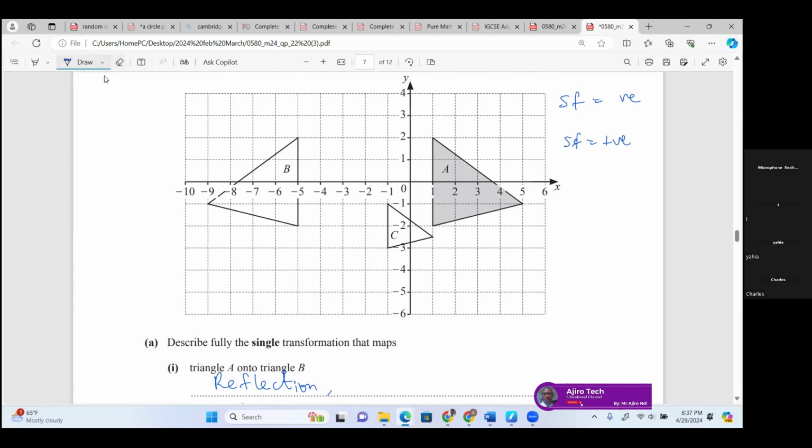How do you find the center of enlargement? Connect corresponding points. These points are corresponding, let me join them together. These two are corresponding, let me join them too. I think I did the first one wrongly, let me do it again.